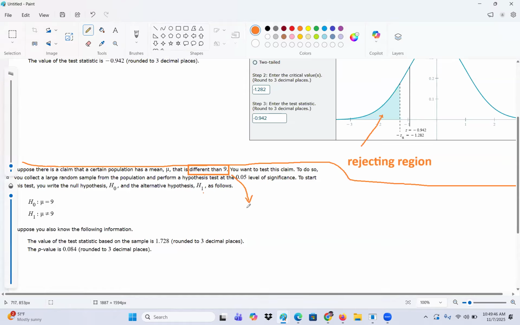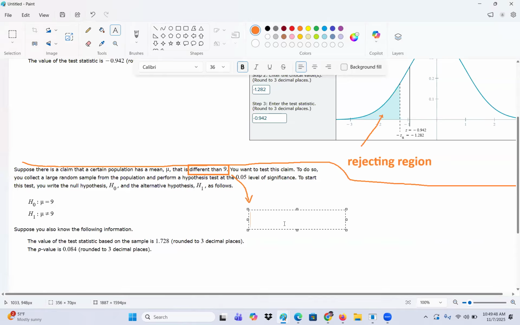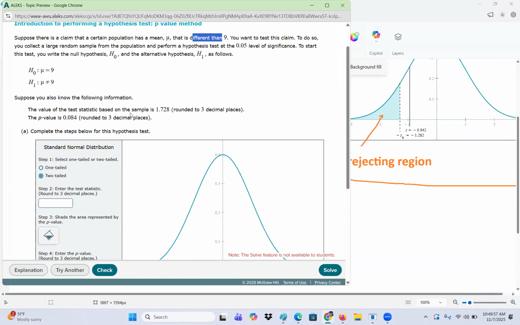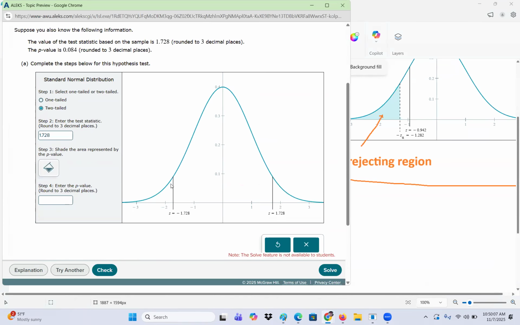So we're going to test on the two-tail test. And then we're going to go for two-tail. The sample statistic that we have, the test statistic, was 1.728.